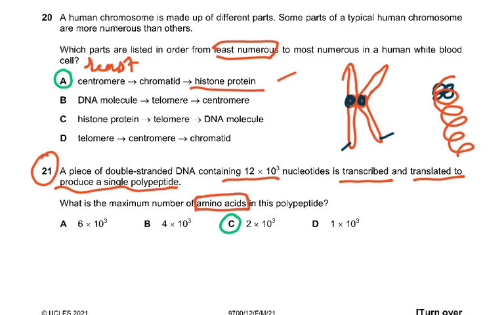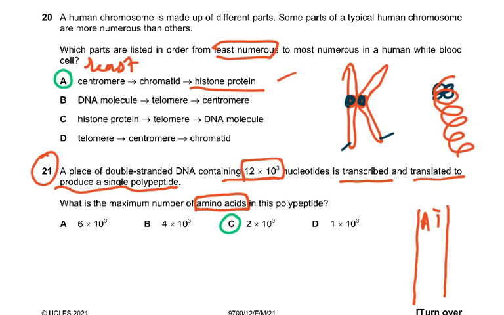So, as everybody knows, 3 nucleotides code for 1 amino acid. But it's a double-stranded DNA. So that means on one side we have how many, and on the other side we have the complementary strand. The double-stranded was 12 into 10 raised to the power 3.